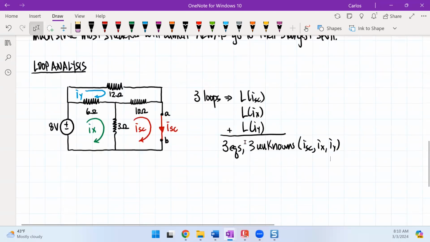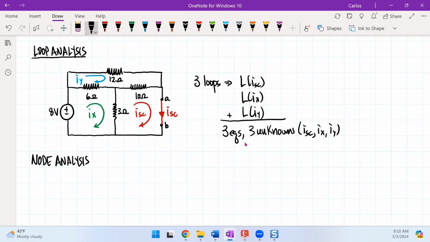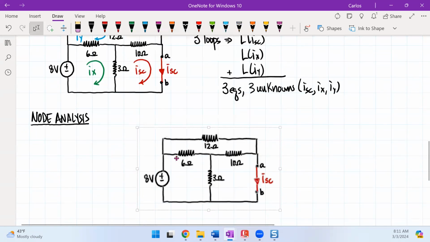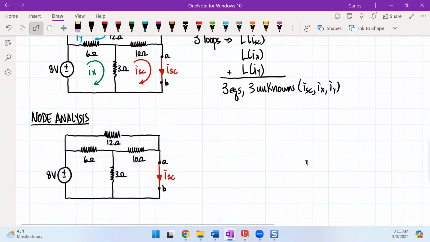But what if we looked at node analysis? So if I look at node analysis, I could come in and place my circuit again here. And if I look at this circuit, the first thing I note is I'm going to choose my ground, and a good choice for the ground, at least in my mind, is right here.